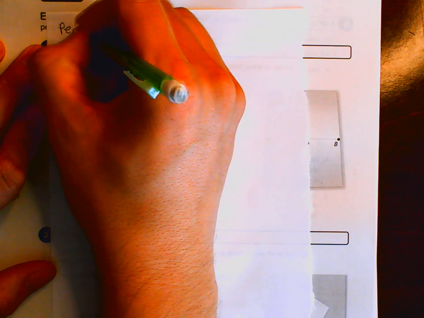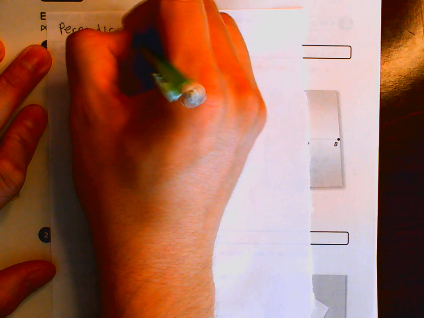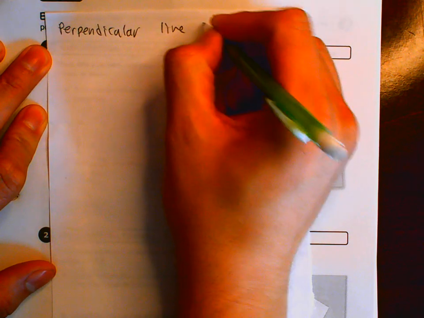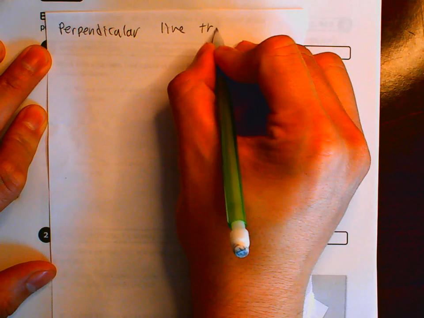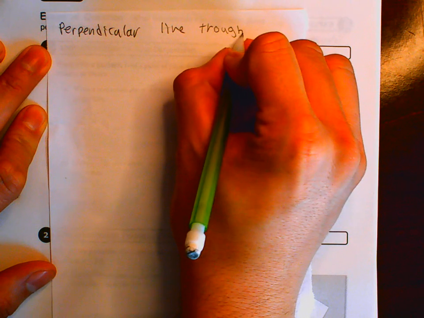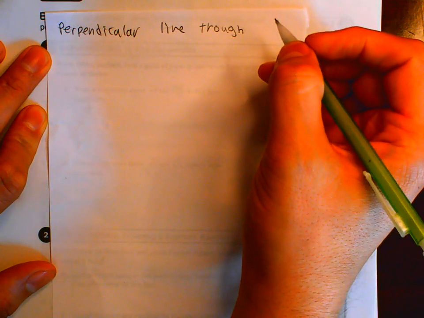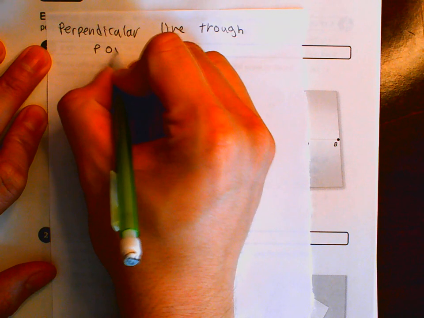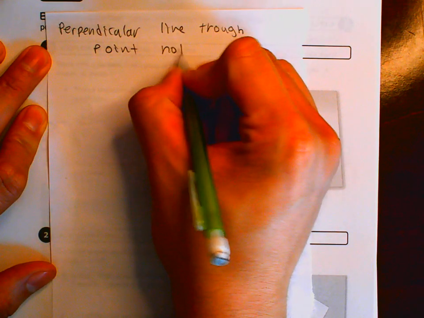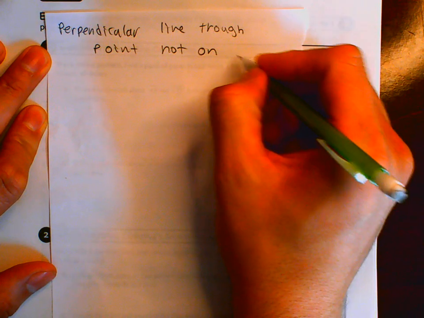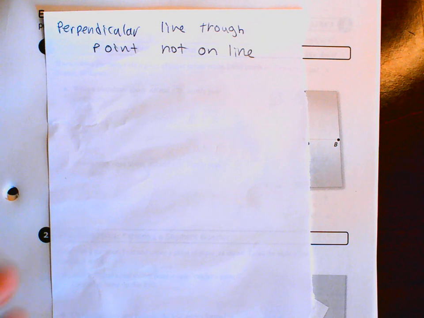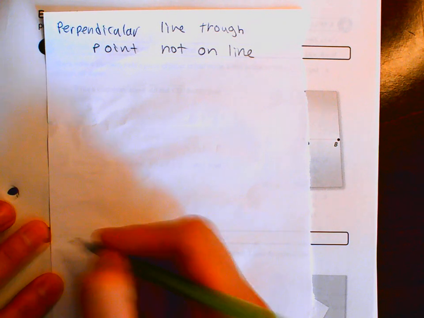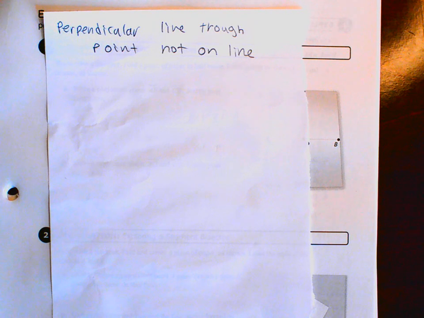Okay, so it's going to be called Perpendicular Line through a point not on the line. Now we're actually going to be doing a second one called the perpendicular bisector.